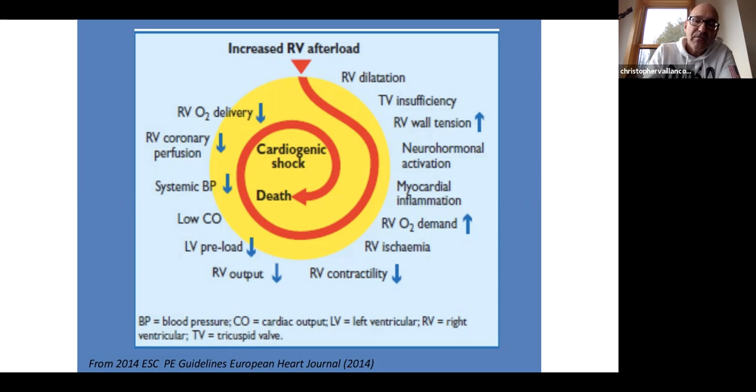And when you get almost halfway around the curve, you start to get myocardial ischemia. The dilatation and pressure start to compress the right coronary arteries. You get ischemia, you get even poorer RV contractility. You start to push into the LV, which further affects the preload of the LV: low blood pressure, cardiogenic shock, death.